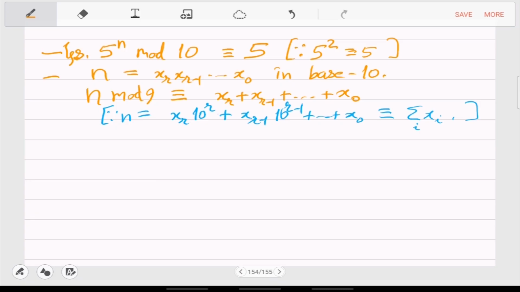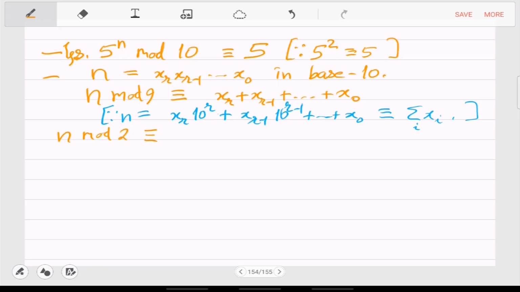What about n mod 2? Yeah, so this is the divisibility test that you used to read in school, right? For division by 9, you would sum up the digits.